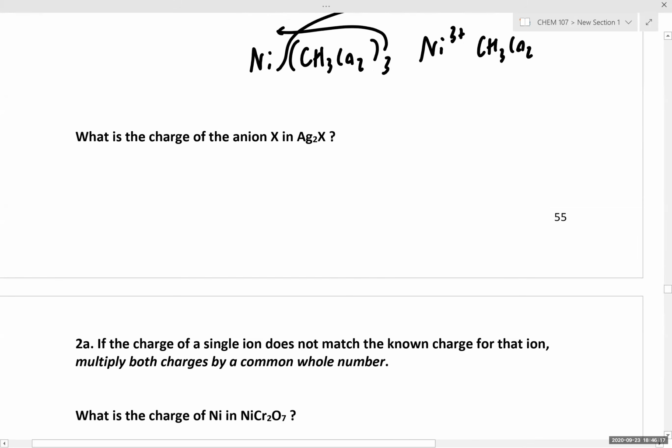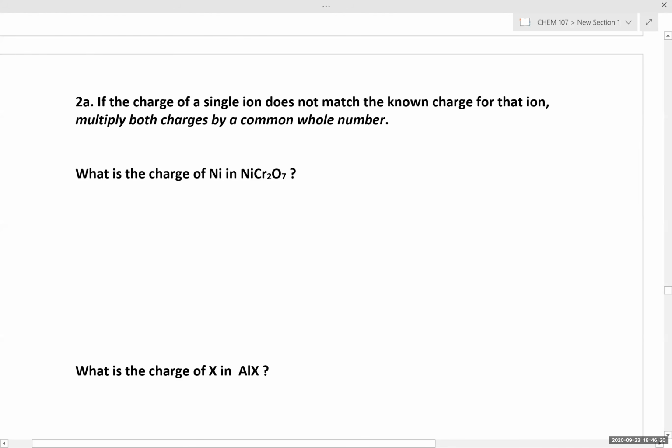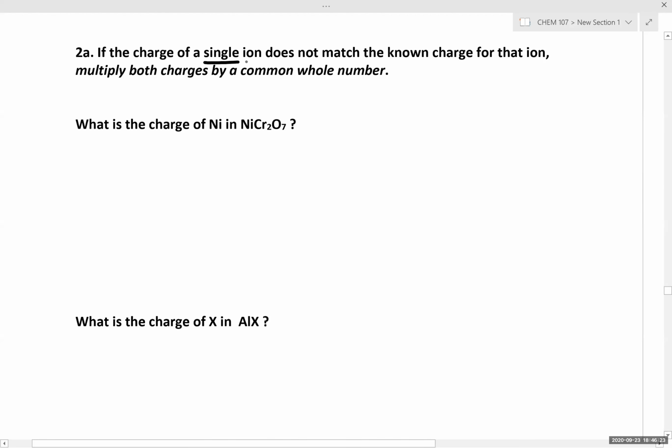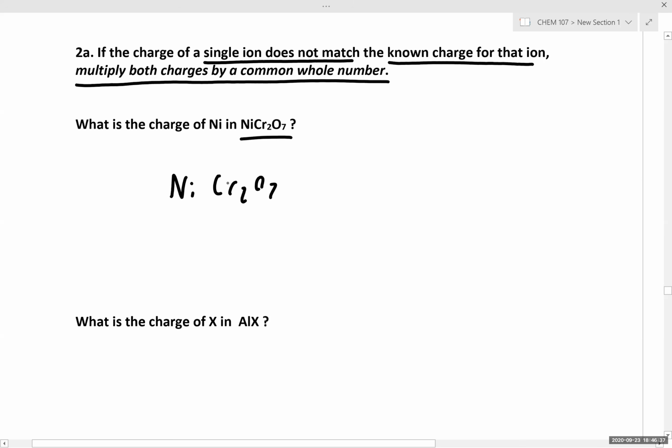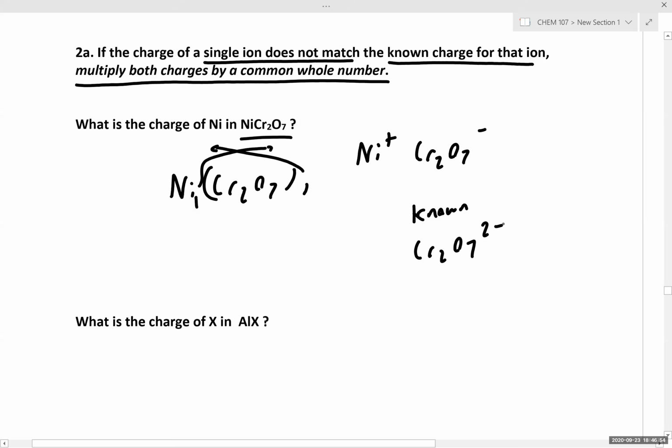So there's one other rule that you need to consider and be really careful of. If the charge of a single ion does not match the known charge for that ion, you need to multiply both of your charges by a common whole number. So for example, if we're looking at nickel dichromate, if we reverse cross our charges, we get nickel plus and dichromate minus. But we know from our polyatomic ion table that dichromate has a 2 minus charge.